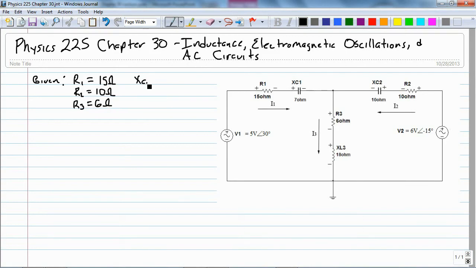Our capacitive reactance 1 is equal to 7 J ohms, or actually negative 7 J ohms, because it is capacitive.